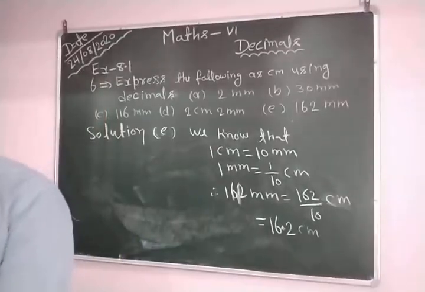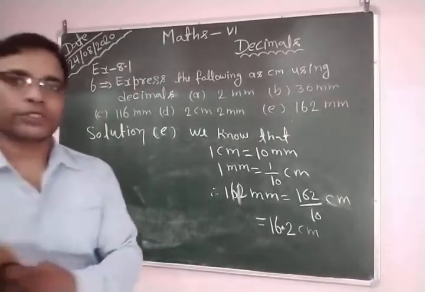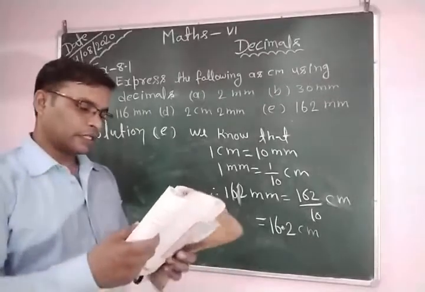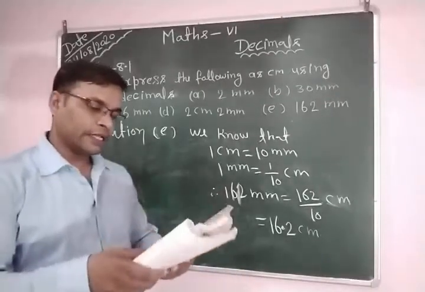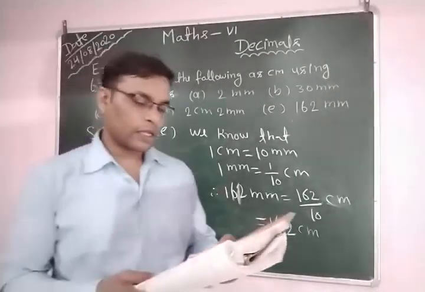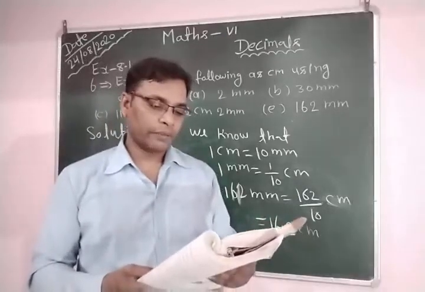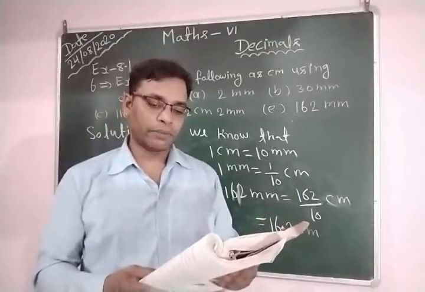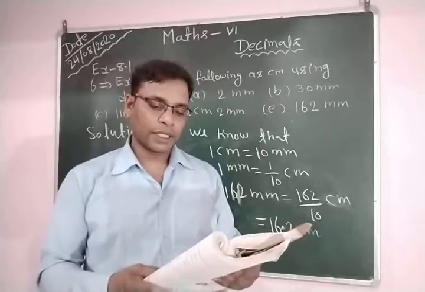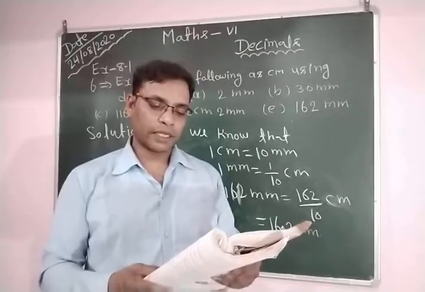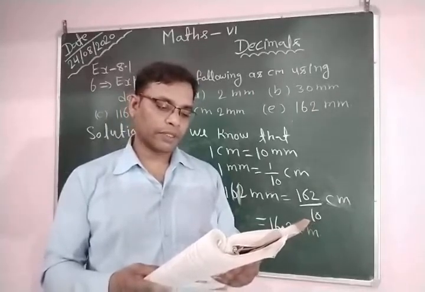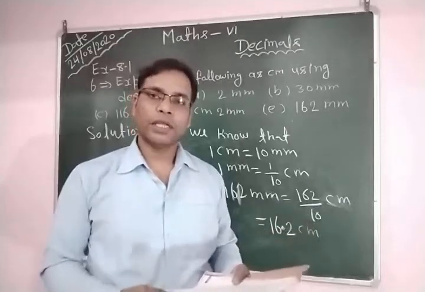Now next question is question number 7: between which two whole numbers on the number lines the given numbers lie, and which of the following whole numbers is nearest to the numbers.